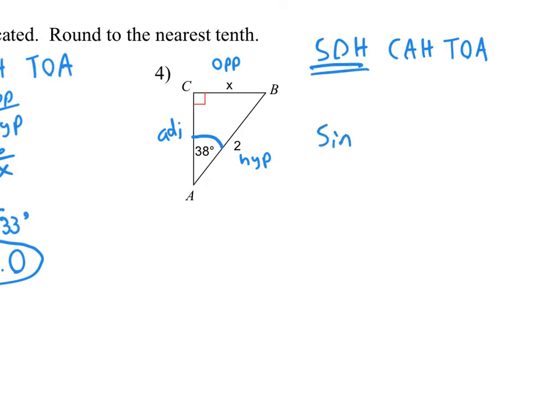So the sine, and I'm going to go right into the substitution. Sine of 38 equals x over 2. So the next step is going to be a little bit different. In order to get x by itself, we need to eliminate that denominator of 2. So I'm going to multiply both sides by 2.